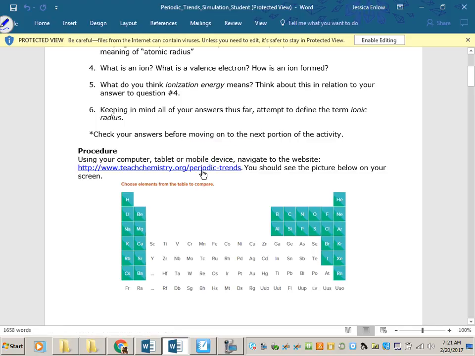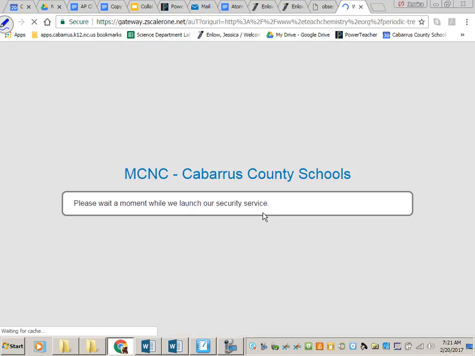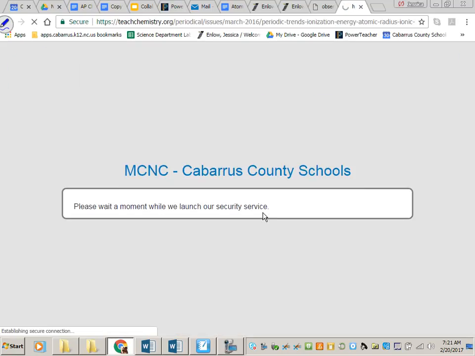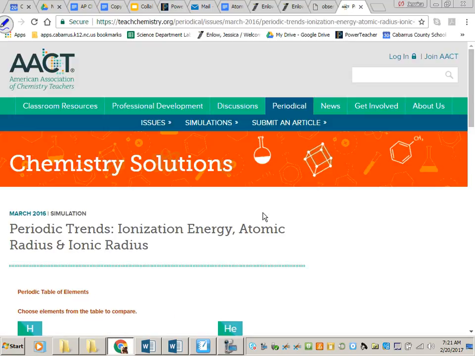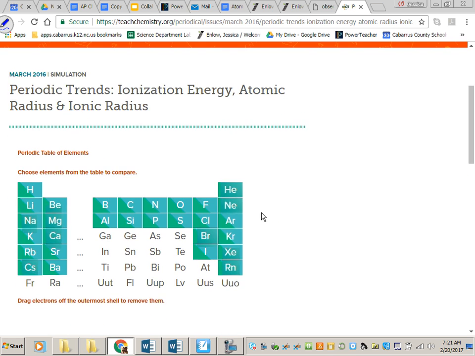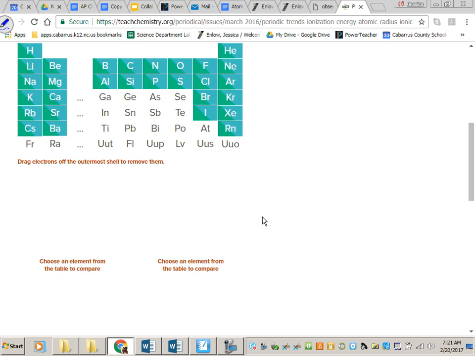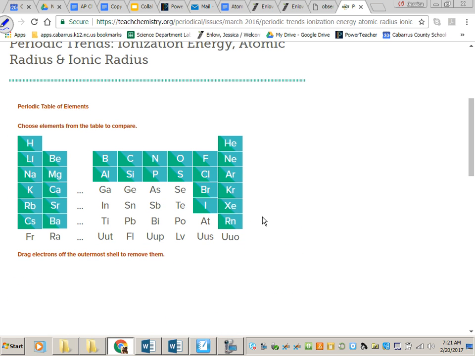So you might need a friend to open up the periodic table while someone else pulls up the actual doc. I'm going to give you about 25 minutes or so to play with this. You're going to make some self-discoveries, and then we're going to pick up from where we left off writing. So feel free to chat, talk about this, write down some of that information.